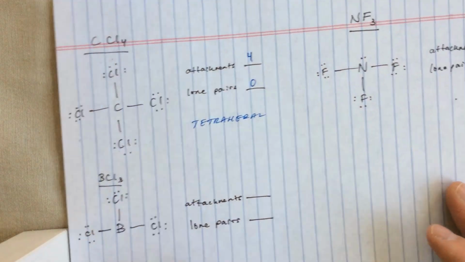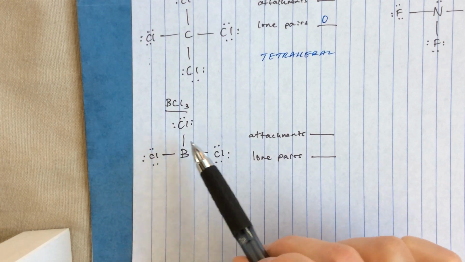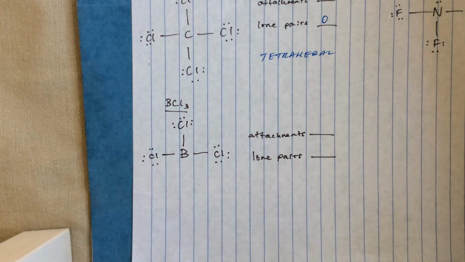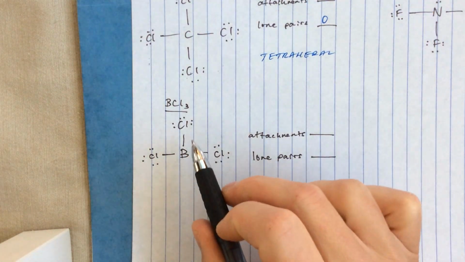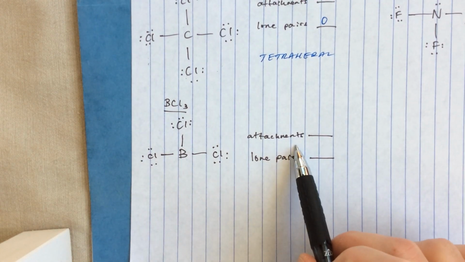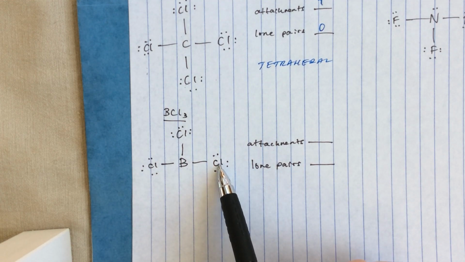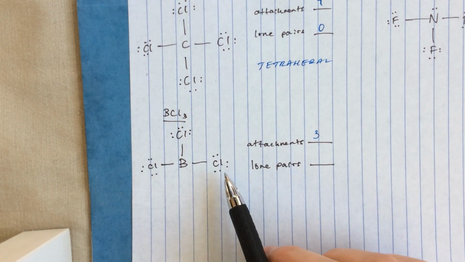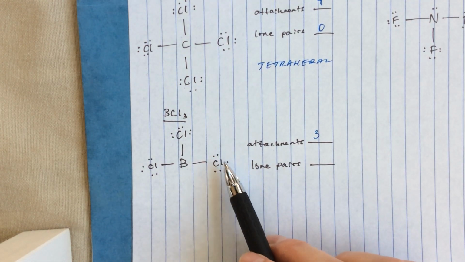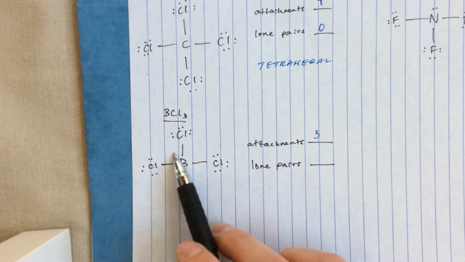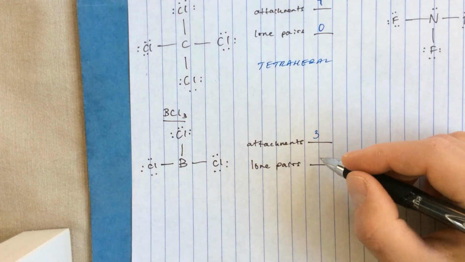Then on to the next one. We've got BCl3. Draw your structural formula like you have been and look at the central atom. How many attachments? Remember, they don't have to be different, just how many things are attached. One, two, three, so you have three attachments. How many lone pairs? Do not count these ones; you only look at the central atom, because that's what determines the shape. How many lone pairs on this boron?